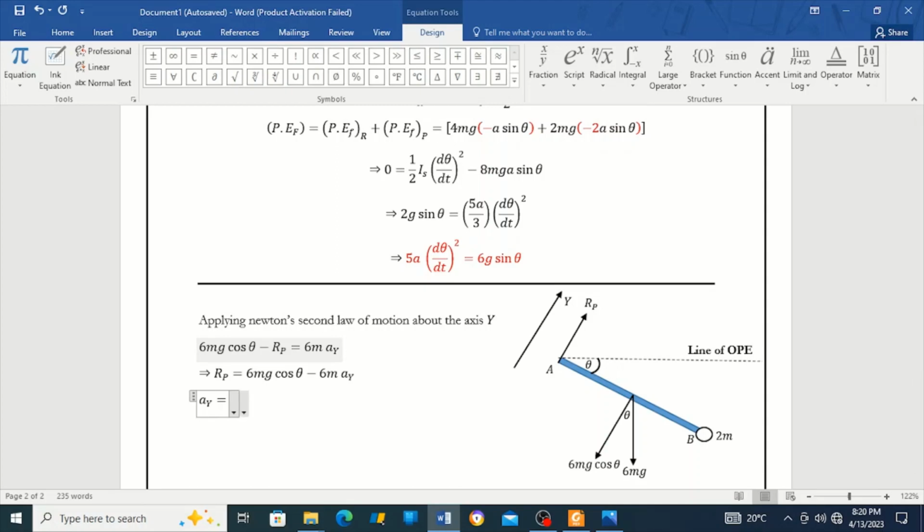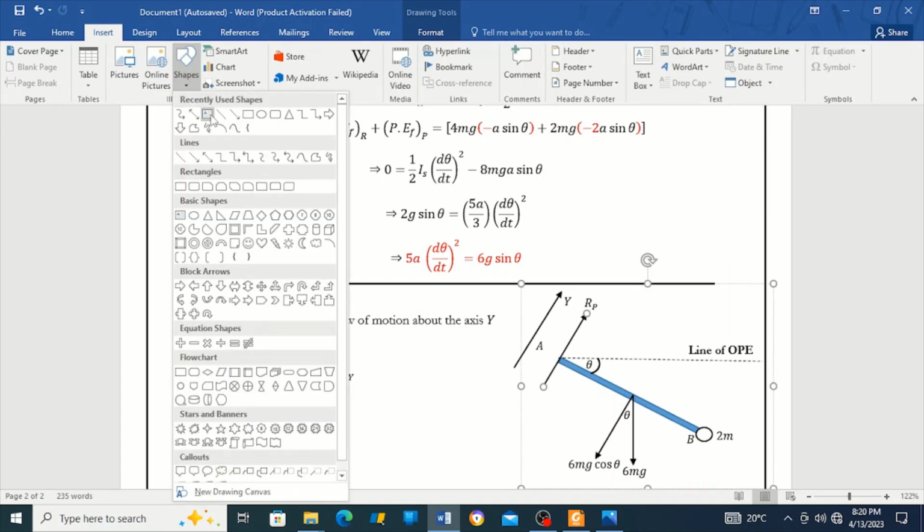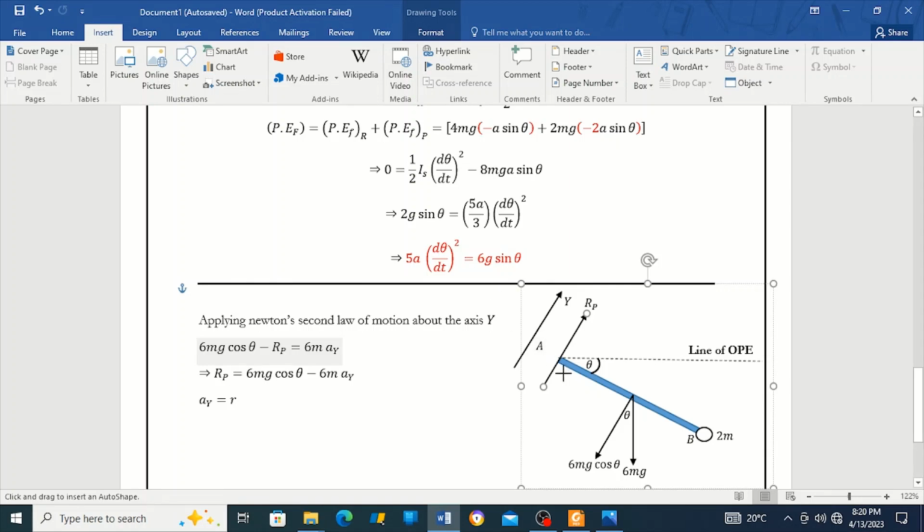So it is r. What is this r? This r is the distance of the center of mass of this system from the axis. Let me extend this so you can see it. The center of mass of the system is where that weight is.